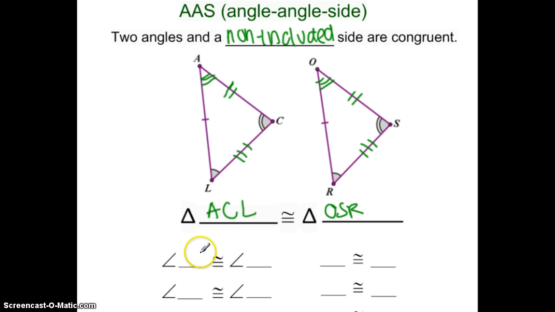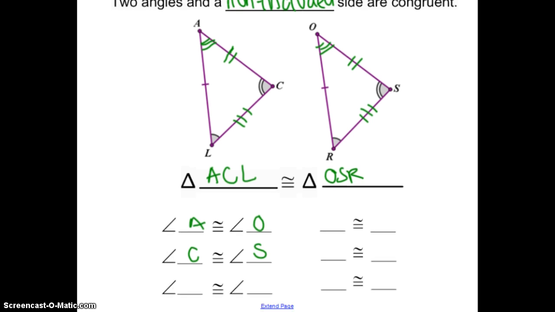Okay. Angle A is going to be congruent to angle O. They both have 3 arcs on them. Angle C is going to be congruent to angle S. They have 2 arcs. And angle L is going to be congruent to angle R. They have 1 mark. Okay. Side AC is going to be congruent to OS.